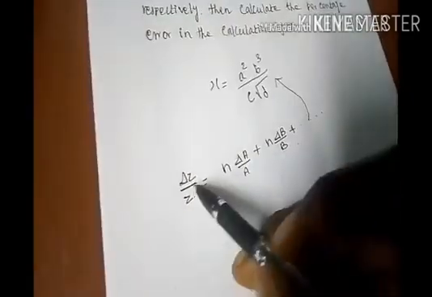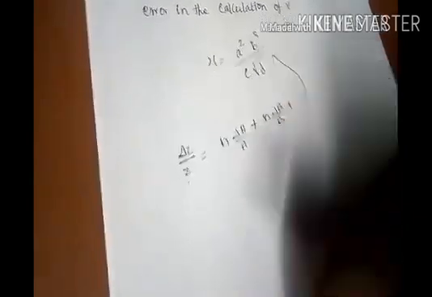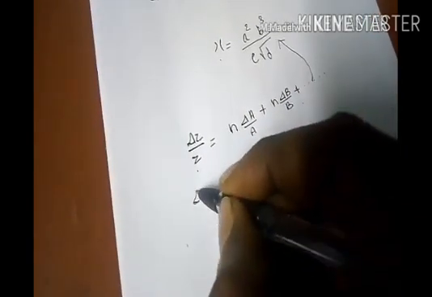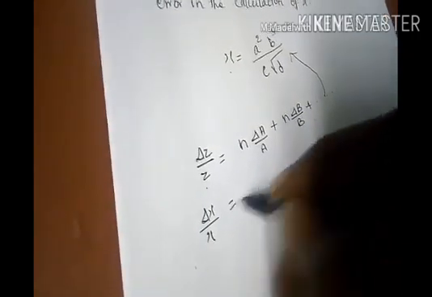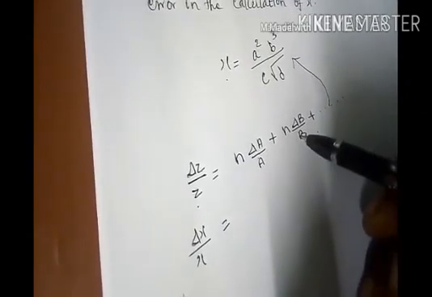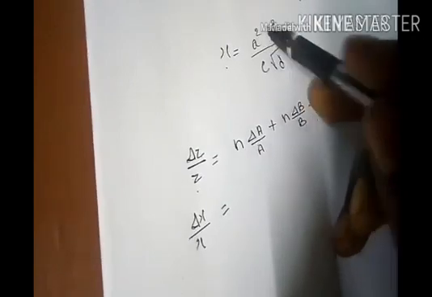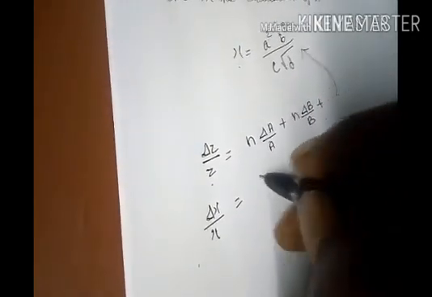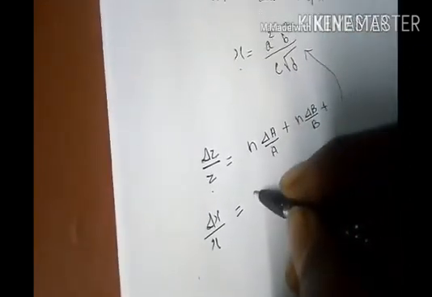Now apply this equation here. Instead of del z divided by z, I am using x. So del x divided by x equal to, here n is nothing but the power.